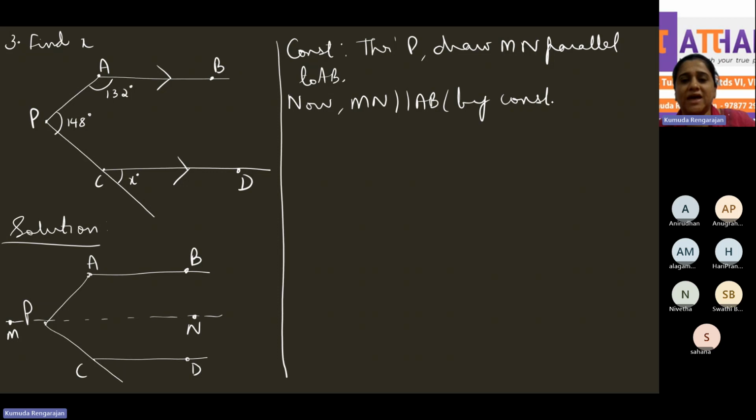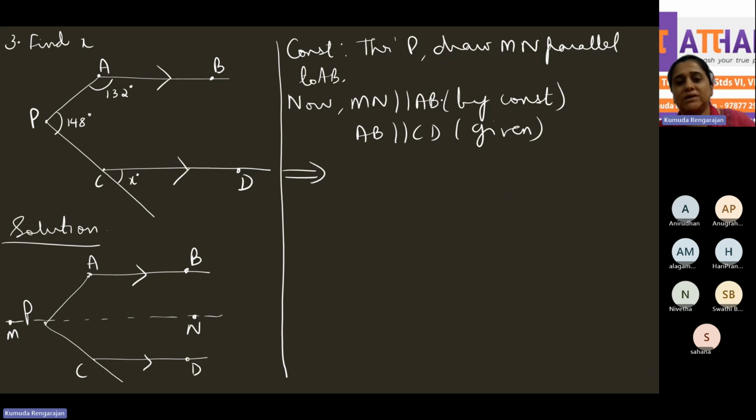But what is that we already have in the question, Hari Pranav? AB is parallel to CD, that is given. So by comparing these two, AB is common in both. MN and CD are two lines which are parallel to the same line AB.